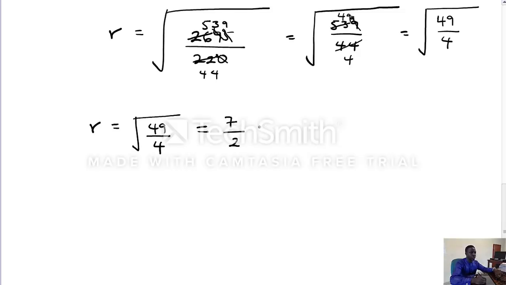So our value of r is equal to 7/2, which if you reduce it to a mixed number is going to be 3 whole number 1/2, or we say 3.5 in decimal form. So this is our value of r given V, h, and pi.